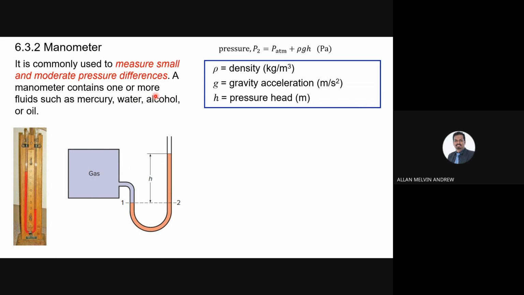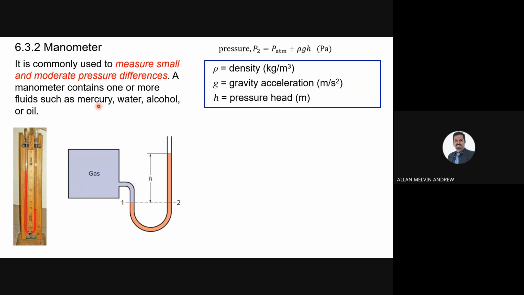So it is not suitable to measure high pressure, because it can only go up to here. If it were even longer, then maybe you could measure higher pressure, but it would be costly, and it's not worth it. So we just use a small setup to measure small or moderate pressure differences.